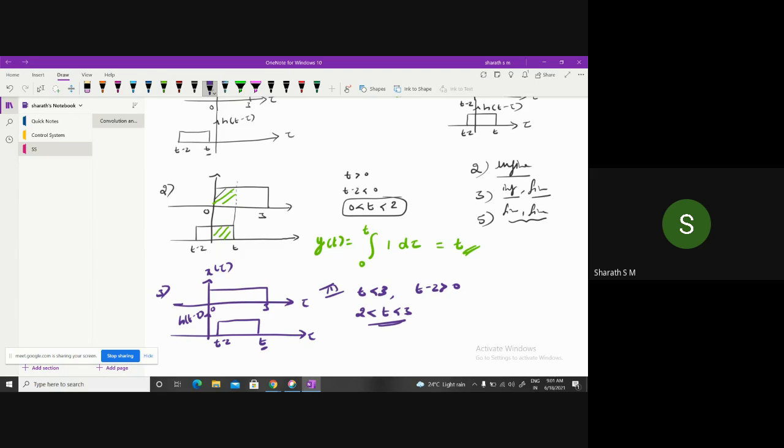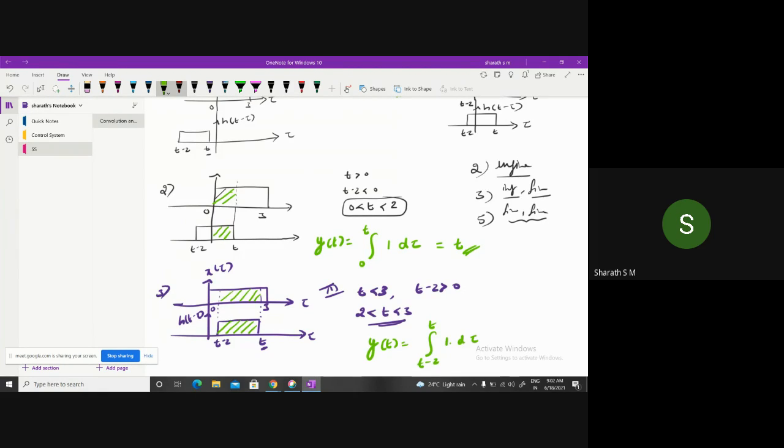So t is in between 2 and 3. Now, which part is going to overlap here? What's the limit for the overlap part? T minus 2 to t. So this is the limit where it actually overlaps, that we need to write down as the limit. So t minus 2 to t, integrate with respect to tau.